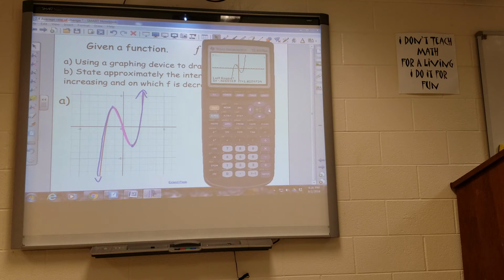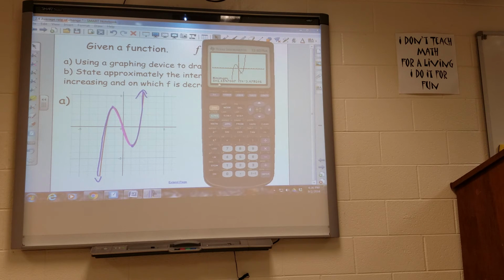So I go over here, they want a left bound, so I'm going to stay to the left of my valley. I like to think of this one as a valley, that's how I know it's a minimum. So the left of my valley, then I go to the right of my valley, and then it says guess, so I'm going to go right near the bottom, try to get as close as I can, and now I can see that's a positive 1.15.